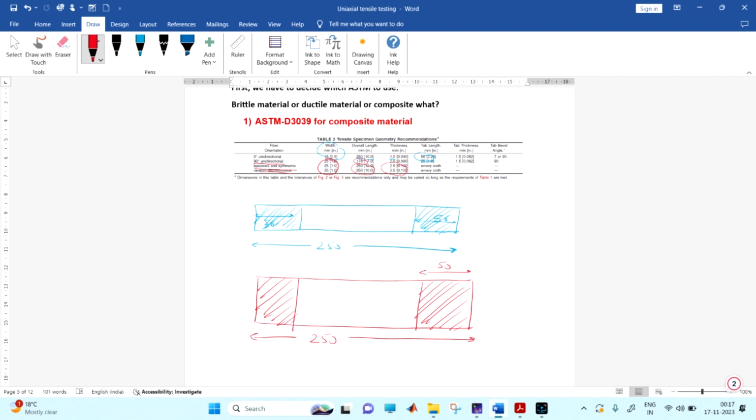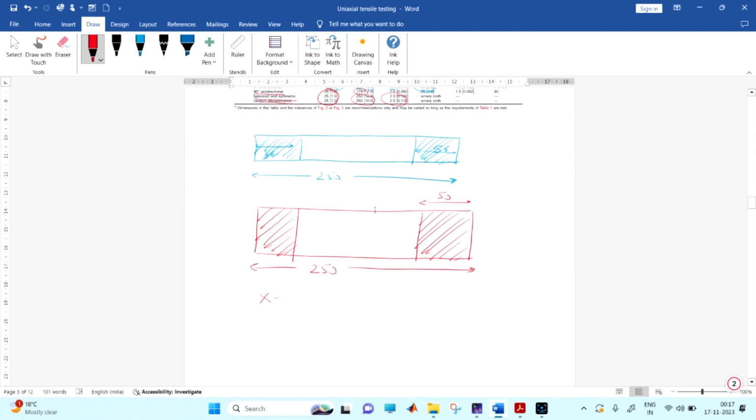And we get at what crosshead movement or position rate we have to do the testing. So all the testing speed is also mentioned in the ASTM. This is for the composite material.